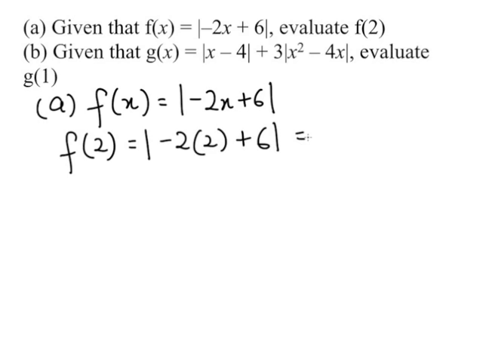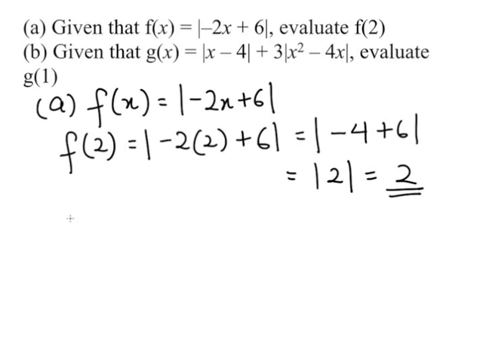So when we calculate this out, let's work out what's inside. We have -4 plus 6, which will give you 2. And since that value inside is positive, I'll get back a positive value of 2.